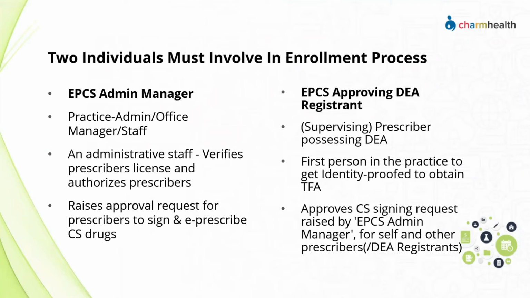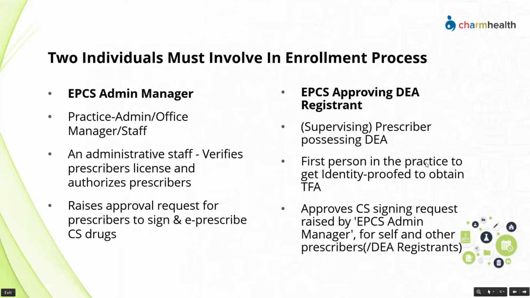Essentially, they'll go in, verify the prescriber's license, authorize the prescriber, and raise an approval request in these settings that we'll go over. Really, they will need to be in the system, and then their step in the process only takes about a minute.